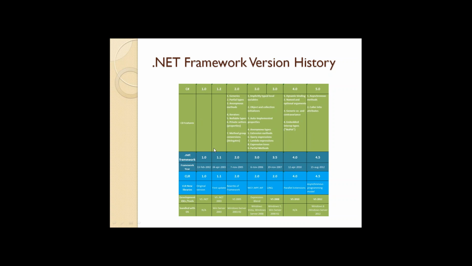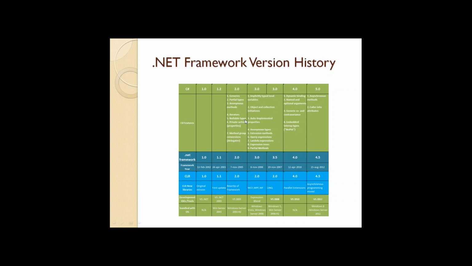Here are 1.0 and 1.1, which have no special features, only common features. And then 2.0 is the most successful version, right? Framework 2.0 up to here. It has generics, partial types, anonymous methods, iterators, nullable types, private setters, method group conversions, delegates.